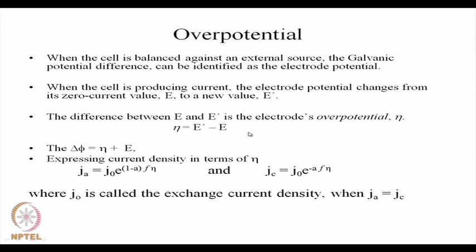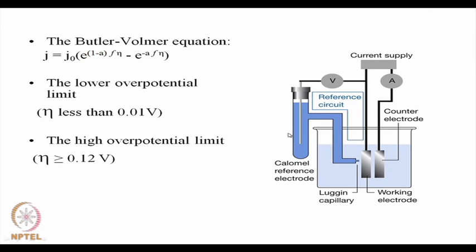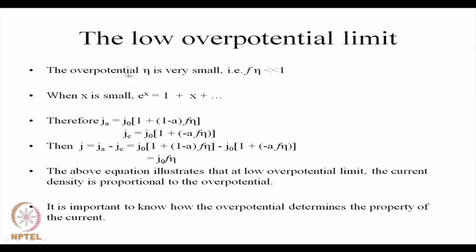So, lower potential limit means that when this difference between E primed and E is very small, they are very close to each other, then and only then your current density is proportional to overpotential. It is a very important conclusion.